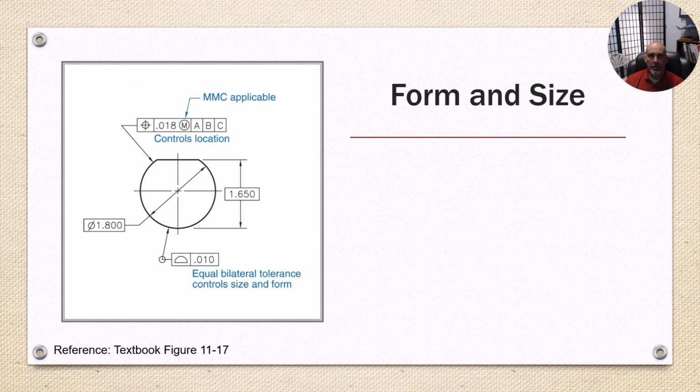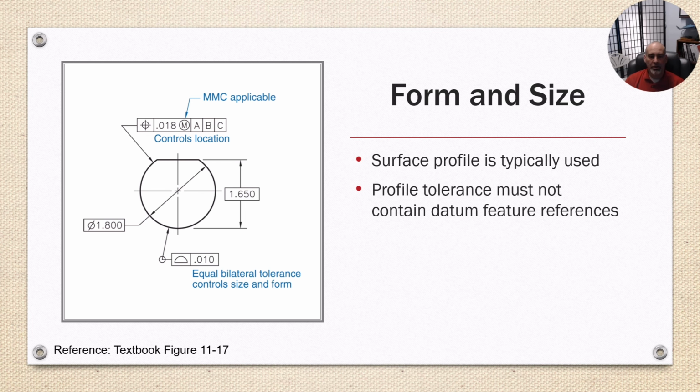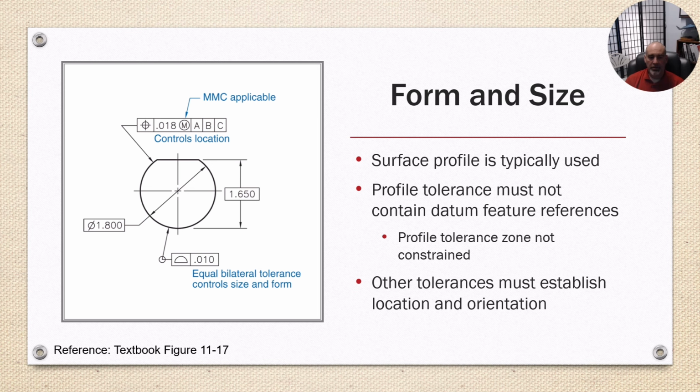Okay, form and size. Surface profile is typically used, and the profile tolerance must not contain datum feature references. The profile tolerance zone is not constrained, and other tolerances must establish location and orientation.